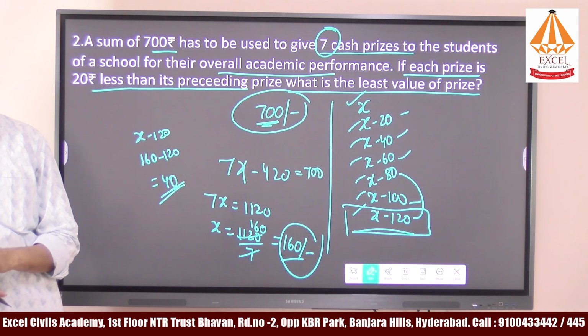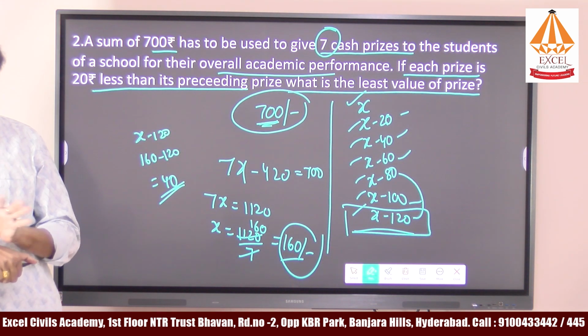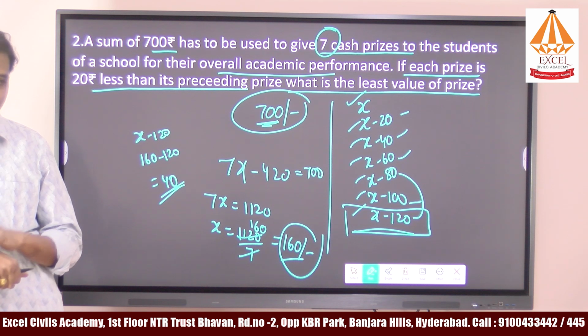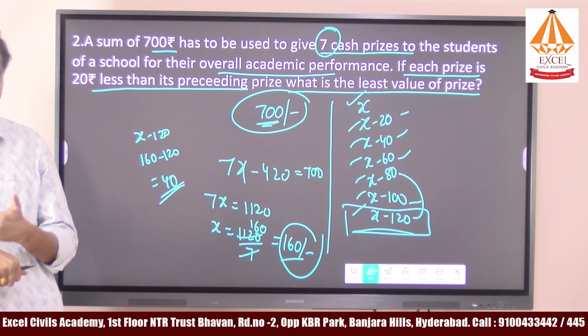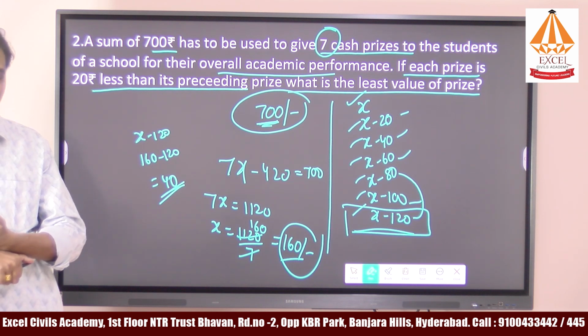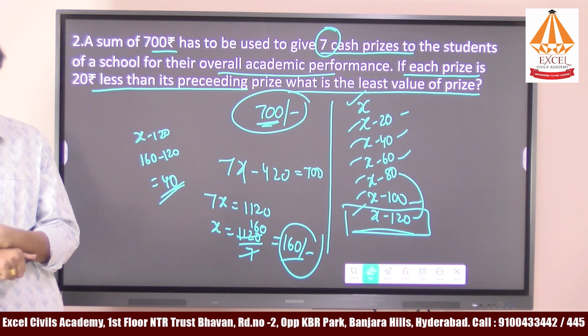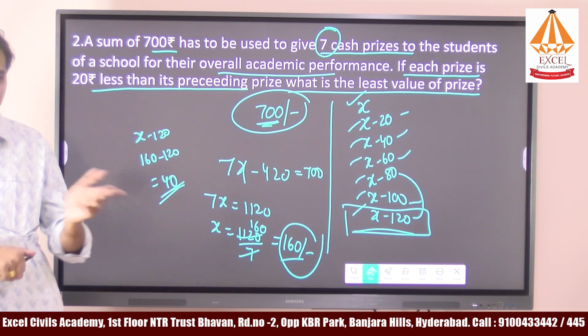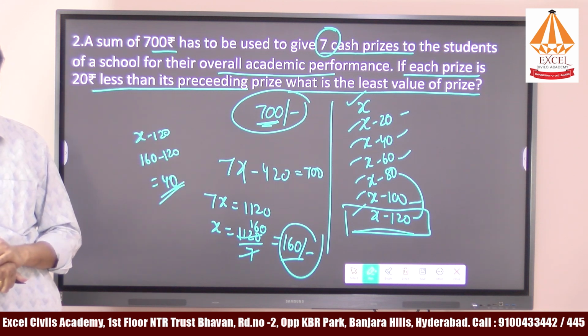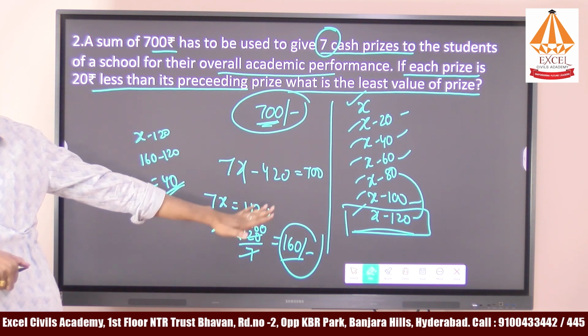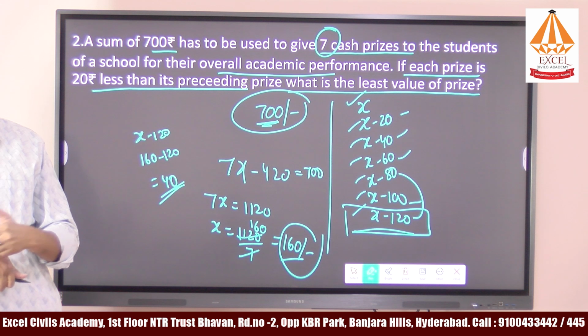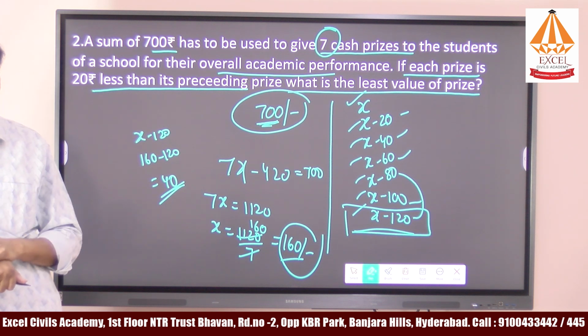So you don't need to write all these values. You can do it in your mind only, depending on how good you are at analyzing the problem. If you can comprehend the problem in the right way, you can do it mentally without writing all these steps. But even if you write all these steps, it won't take much time, as you already know that we have a minimum of 2 to 2.5 minutes for each question.